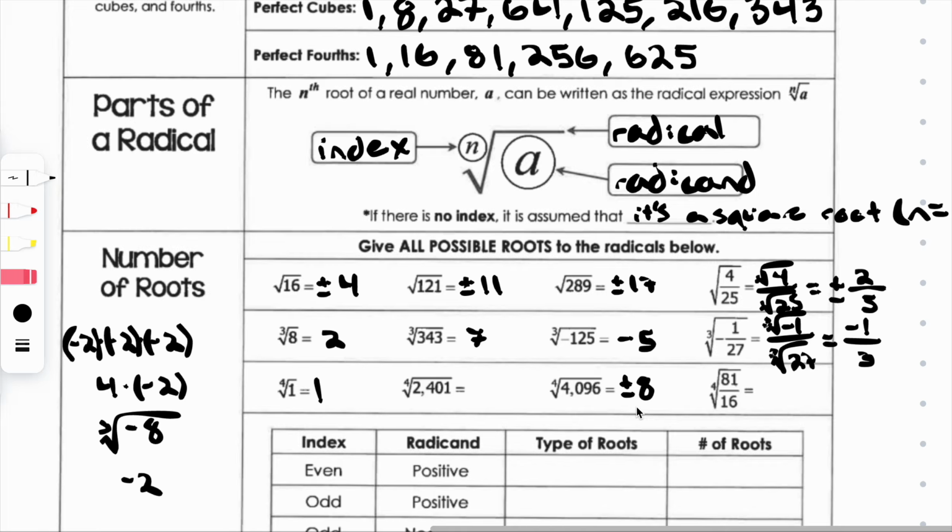Okay, now we're still thinking about that 2,401. Let's try 7 to the 4th. And that does work. So we're going to say plus or minus 7.